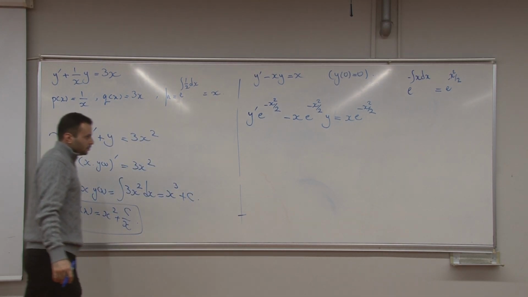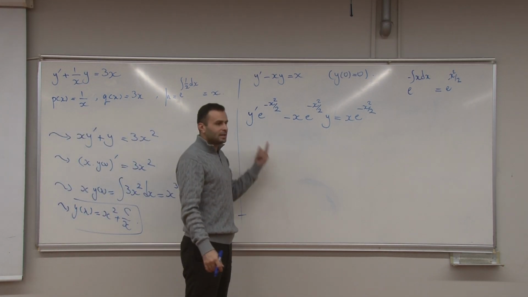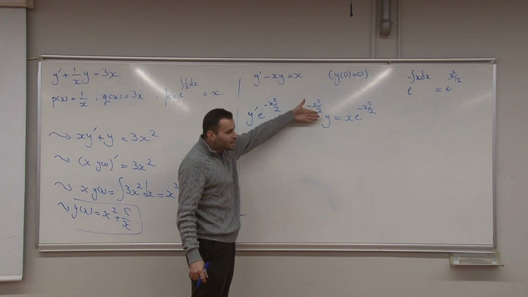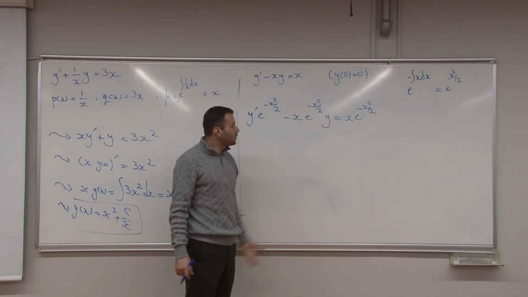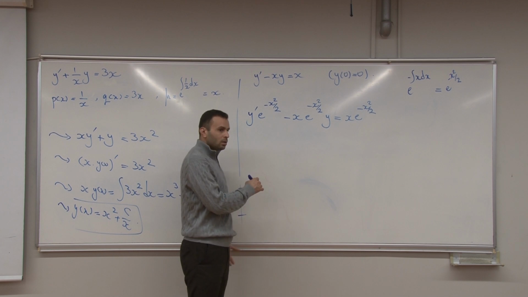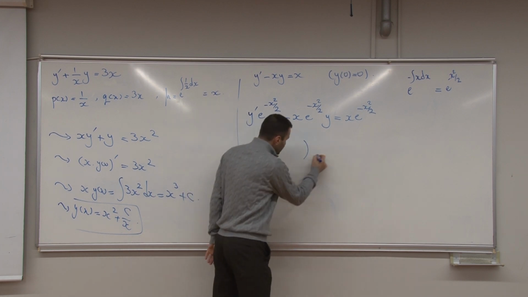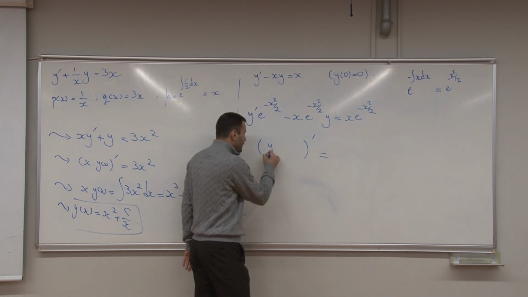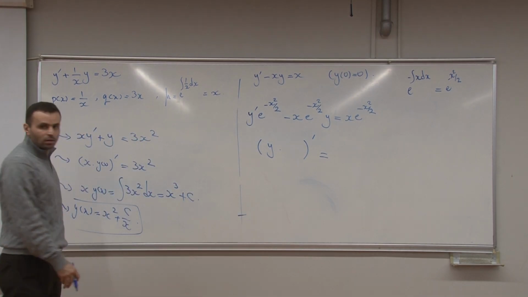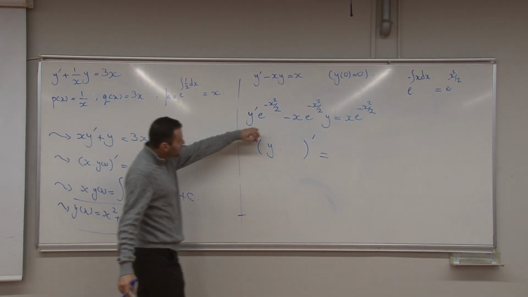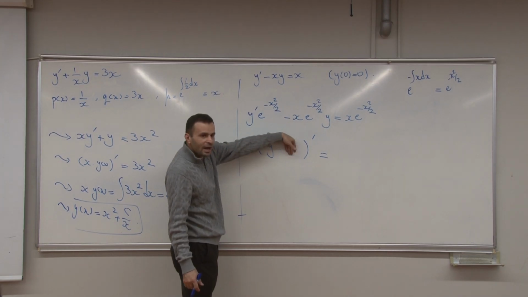Okay? What do you see in the left hand side? Now, is this left hand side the derivative of y times a function? Is it equal to the derivative of y times something? If we take the derivative of y times something, what do we have?